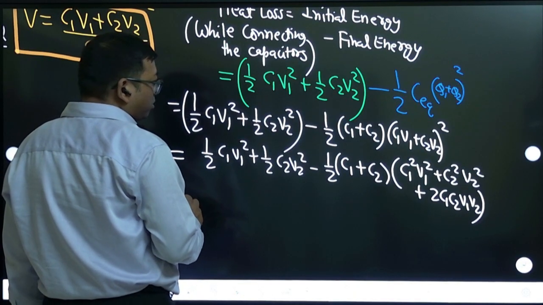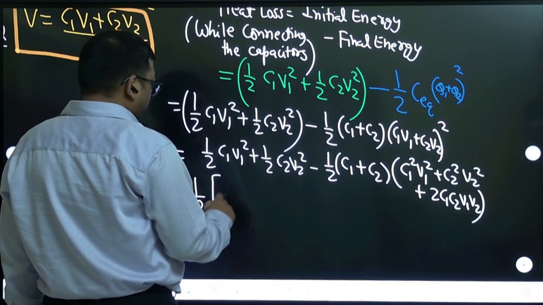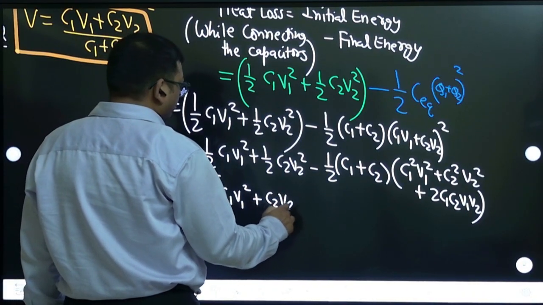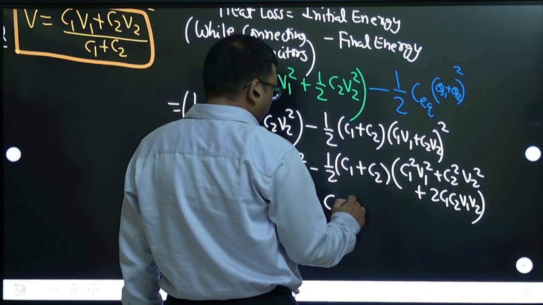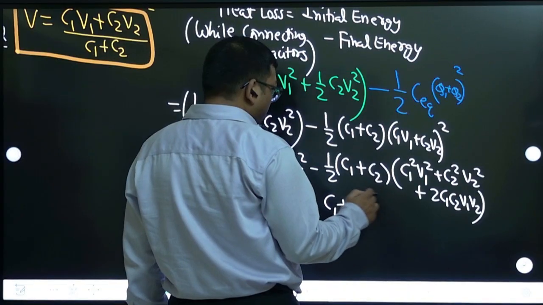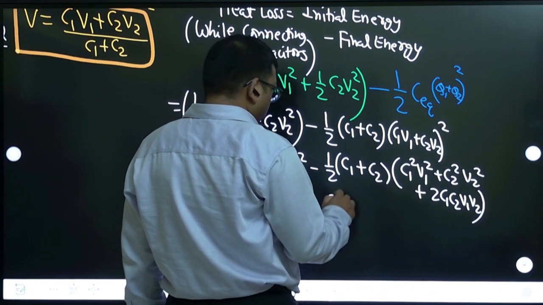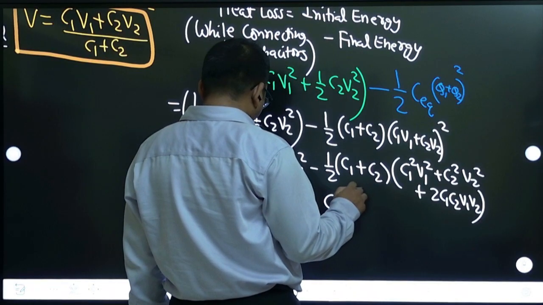Half I will take definitely common. It will become C1 V1 square plus C2 V2 square minus this, with C1 plus C2. Now I can open this also. So C1 plus C2 can be opened here.